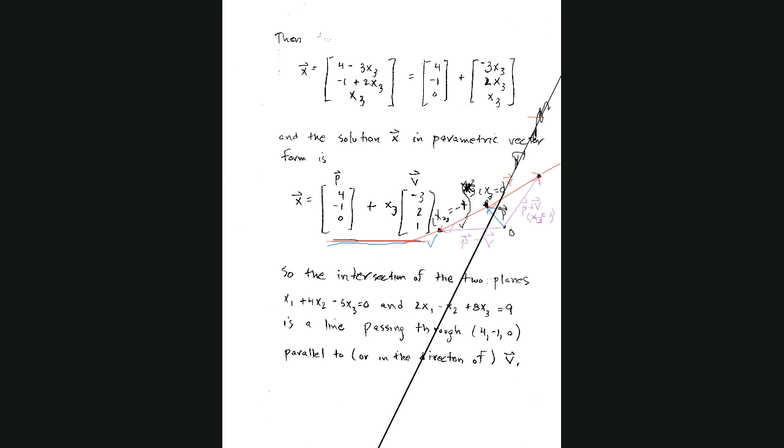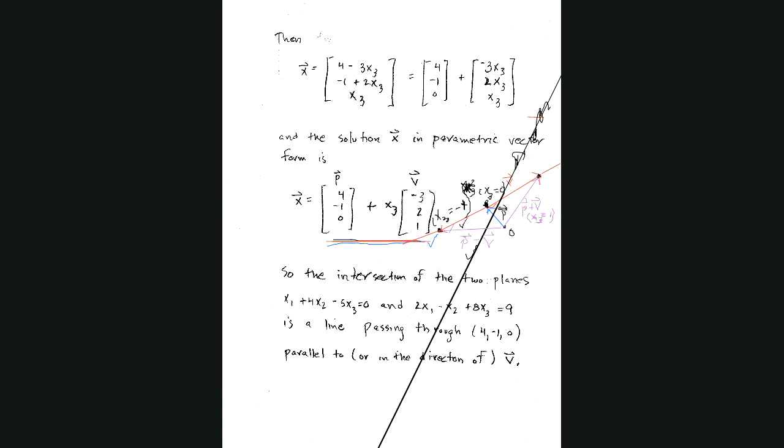But this means that the intersection of the two planes is going to be a line passing through 4, -1, 0, parallel to or in the direction of vector V. And I don't want to erase that. This happens occasionally. There'll be some big line that goes through the paper. Just ignore this big ugly line. It's nothing.